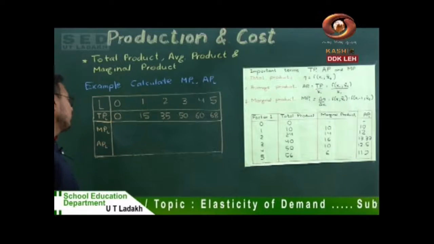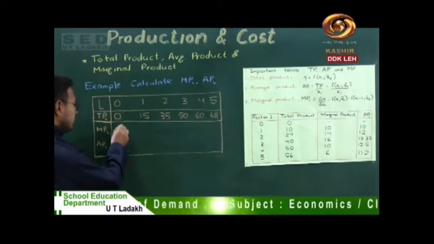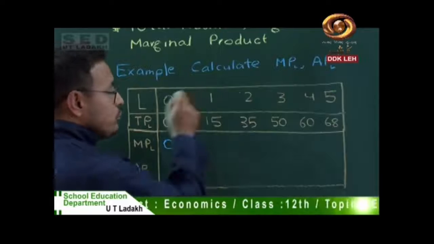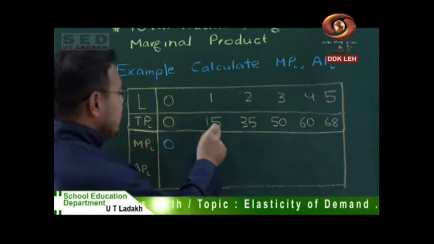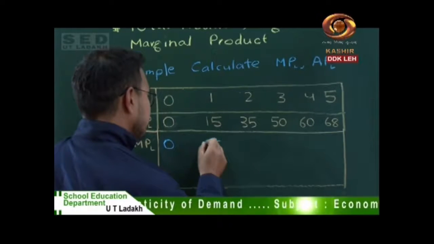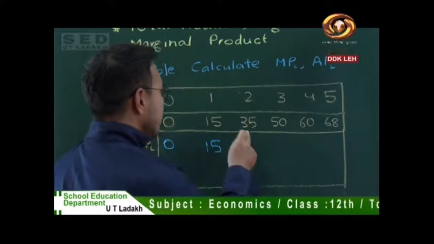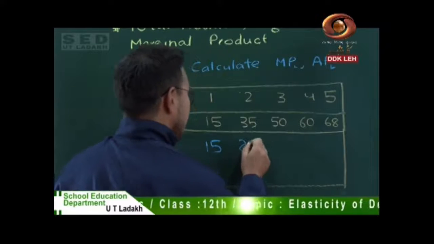Now first we have to calculate marginal productivity of labor. So it's simple. In the first case, it's 0. In the second case, what will be the marginal contribution of first labor? It's simply TP1 minus TP0, that is 15 minus 0. It's 15. Now in the second case, what is the marginal production of second labor? 35 minus 15, which is 20.